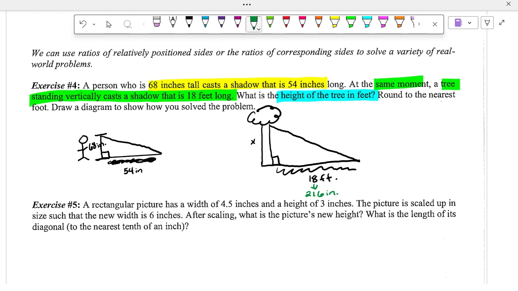All right, so how would I set my proportion? 68 over 54 is equal to, good. Now, we talked about this last week, in terms of this being a rational function. So how do we solve it?